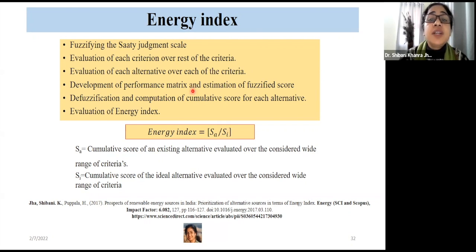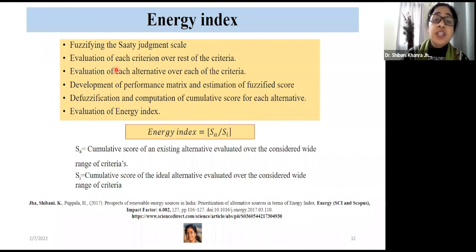So this energy index estimation has certain steps which can be followed to achieve this energy index, starting from fuzzifying the SATI judgment scale, and then evaluating each criterion over the rest of the criteria. Because how important one criterion is compared to the other criteria is an important factor to be taken into consideration.